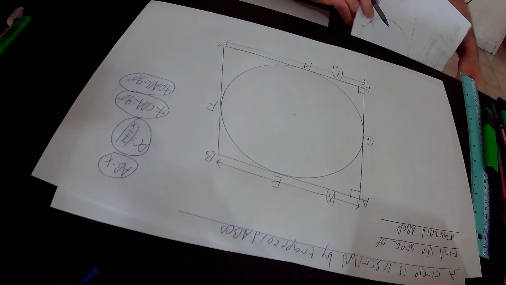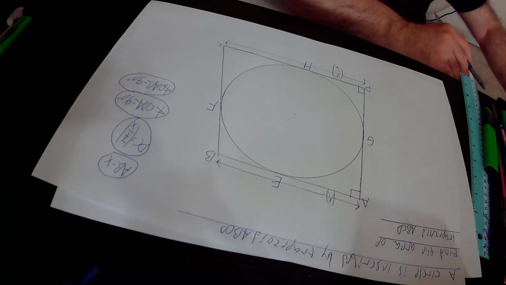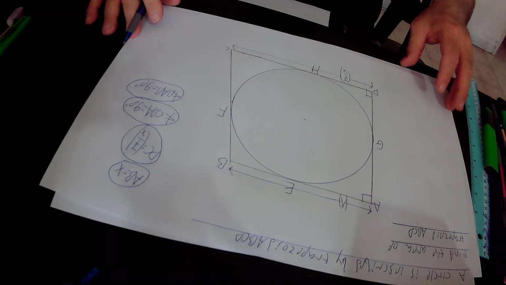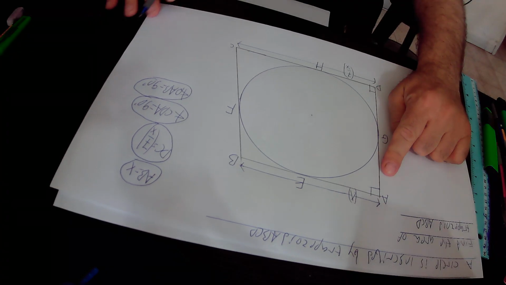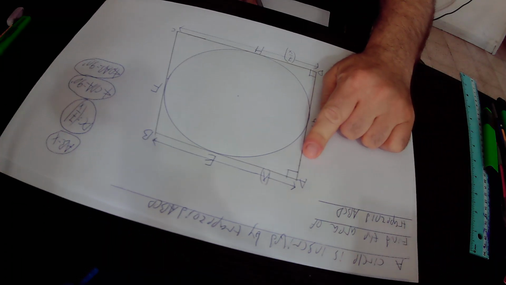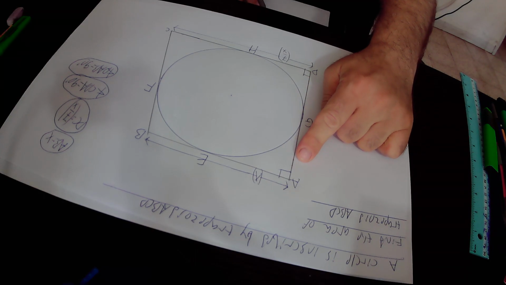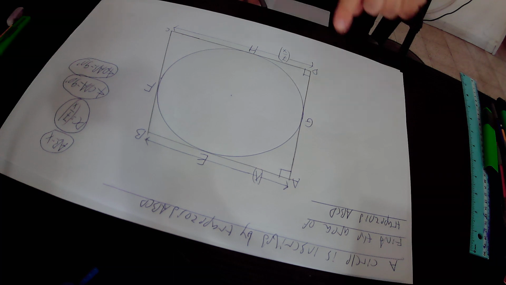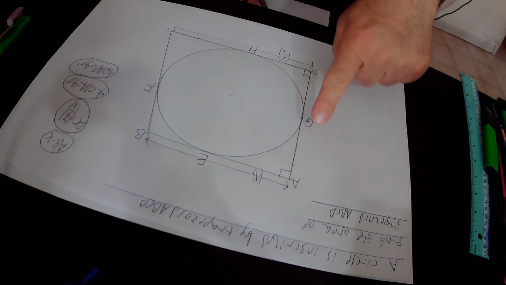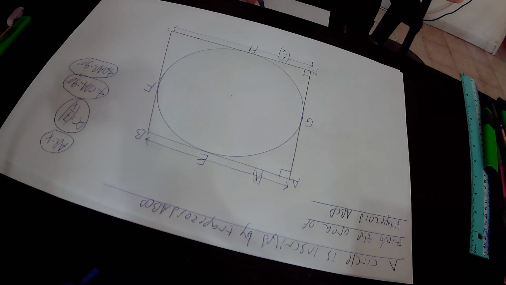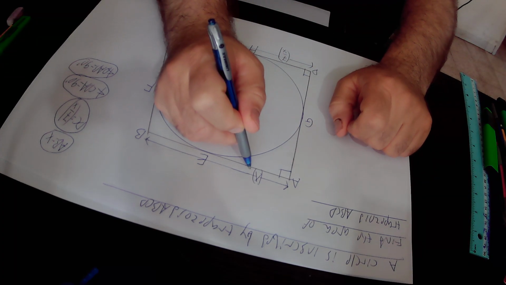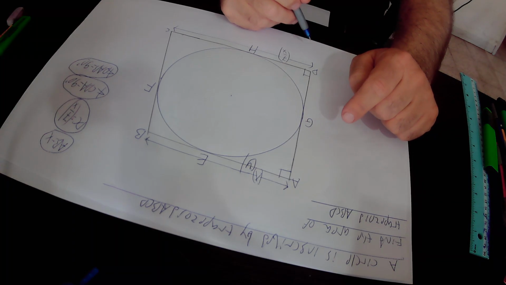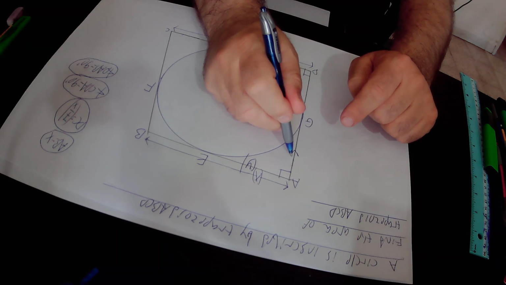Why? Because in our drawing, if we focus on this point A, from this point A, we have two tangents to this circle, tangent AE and tangent AG. According to rule 2, they are equal to each other. That is to say, AE equals AG. So if we define the length of tangent AE as y, then the length of tangent AG must also equal y.